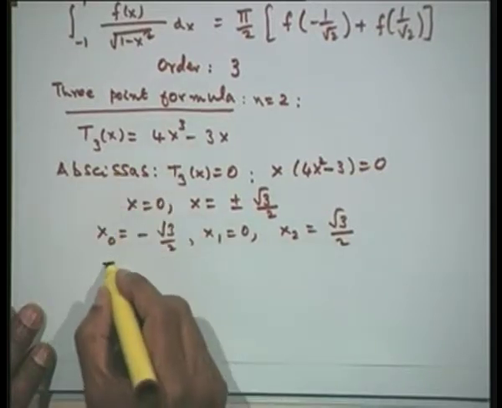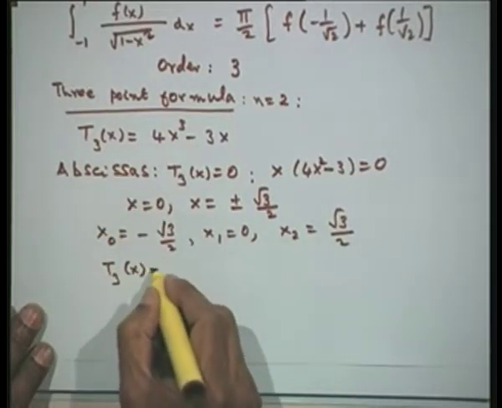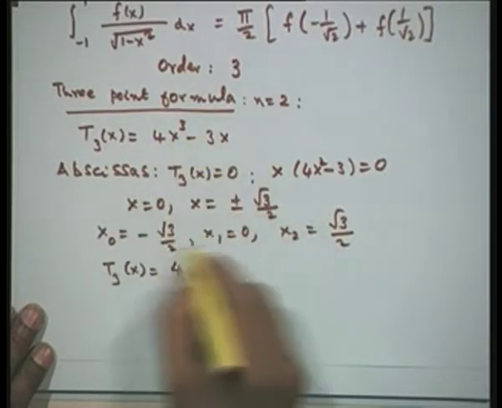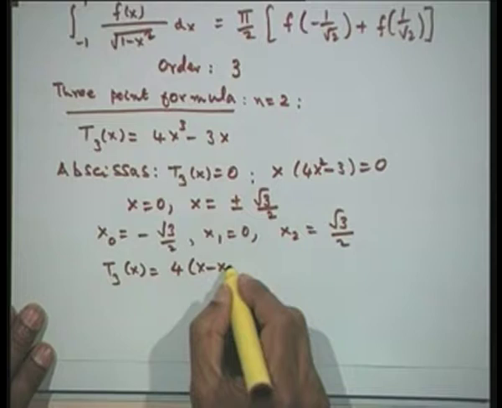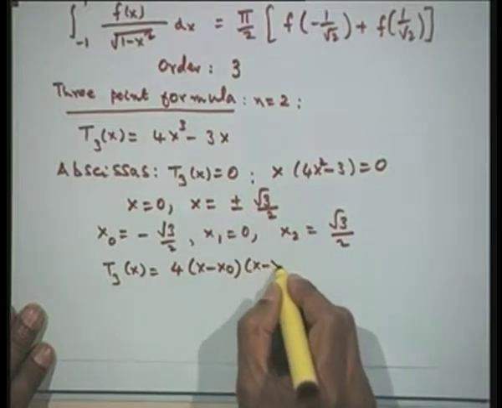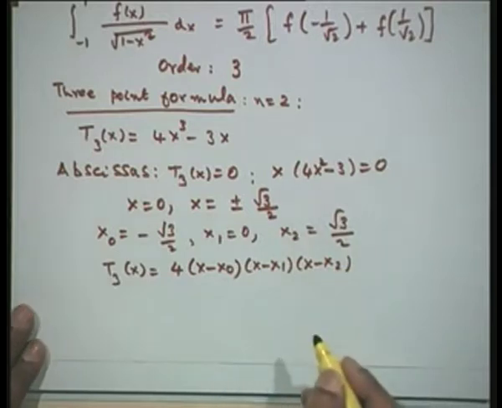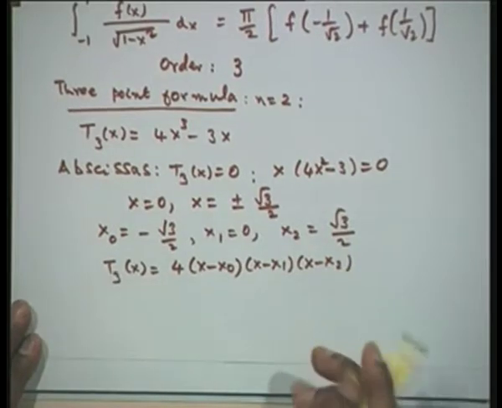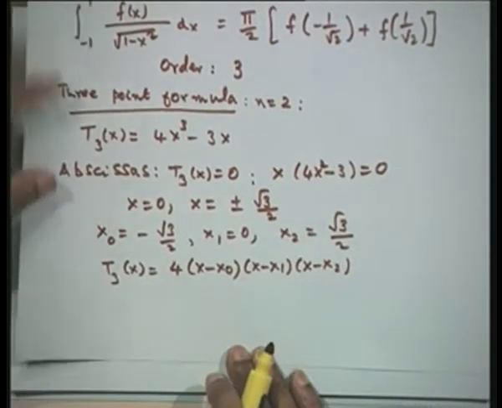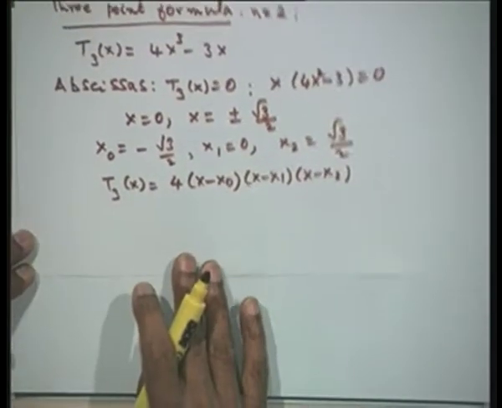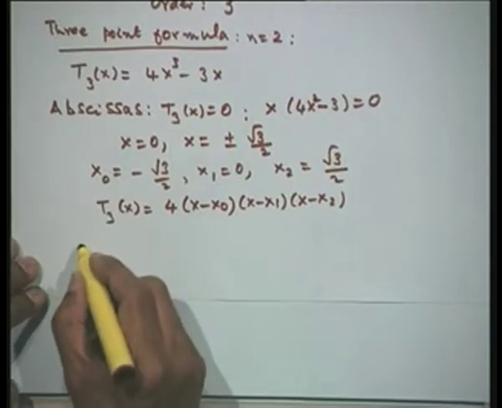And t3 of x we shall write this as, I will take common factor 4 out and then write the remaining as x minus x naught, x minus x 1, x minus x 2. Let me illustrate finding out one of the lambdas, the remaining I will give the values of.